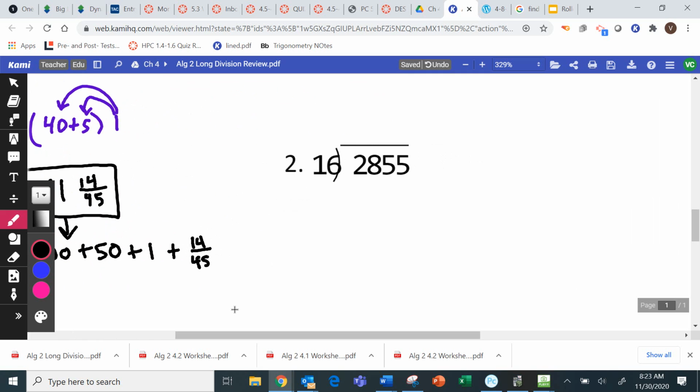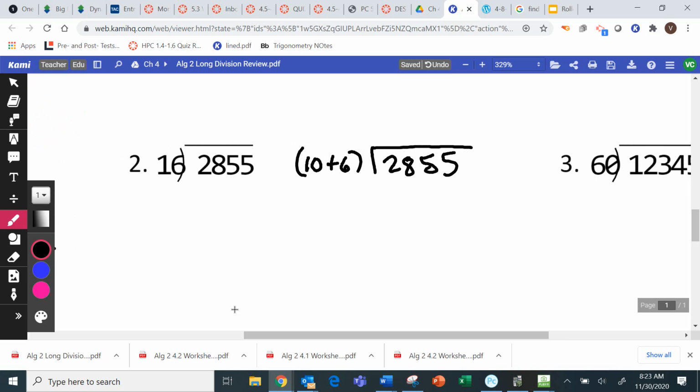Let's look at the next one. Why is she doing it this way? Why not just let me do it the way I know? Right?